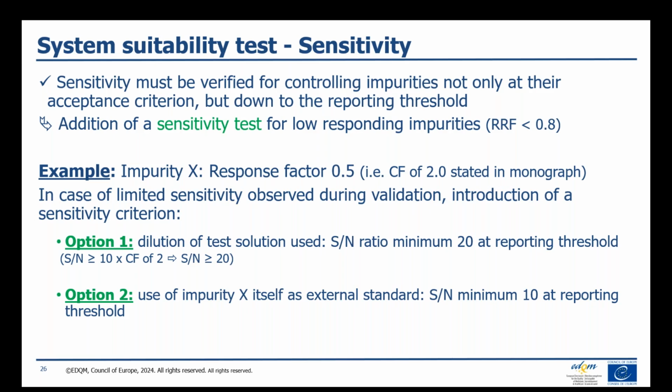We take the classical value of the signal to noise ratio of 10 and multiply it by 2, which corresponds to the correction factor. The other option is to use a solution which contains the corresponding impurity, and we ask to obtain a signal to noise ratio of minimum 10 at the reporting threshold.